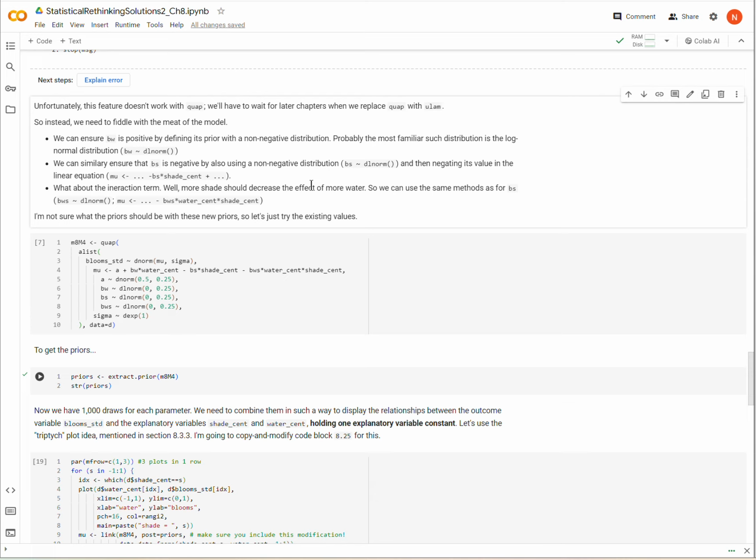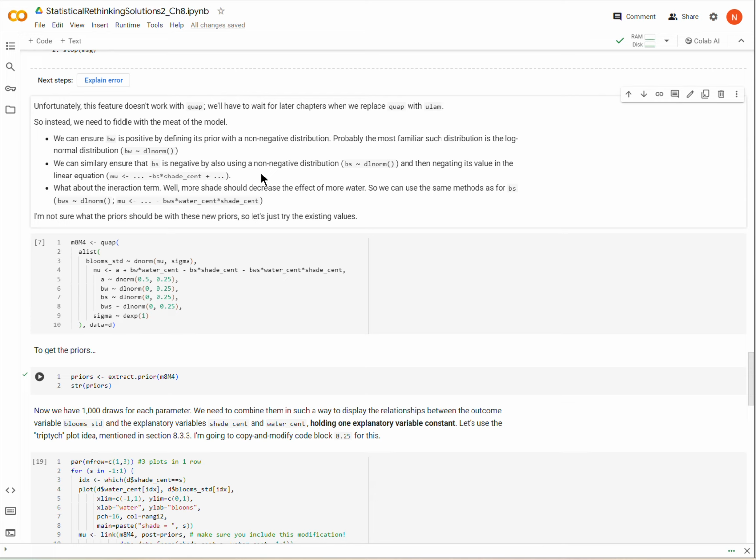Okay. And now we need to think a little bit about the interaction term. How do these two constraints on the effect of water and the effect of shade conspire in the interaction? And so how should we constrain the interaction? Okay, well, one way that we can think about the interaction is that the effect of shade decreases the effect of water.